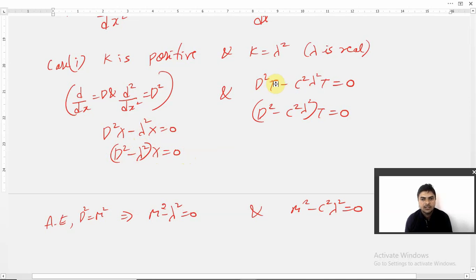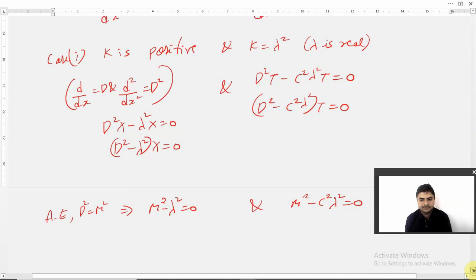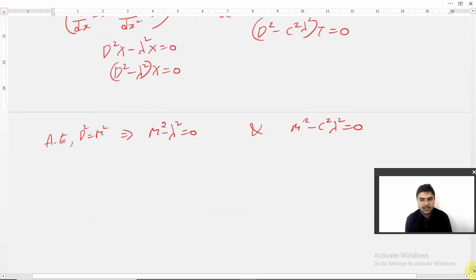In this case it is D square t minus c square lambda square t is equal to 0, and D square minus c square lambda square I have taken outside, t is common, which is equal to 0. Auxiliary equation: you will get the solution when m square minus lambda square is equal to 0, and m square minus c square lambda square is equal to 0. So this is a simple idea.